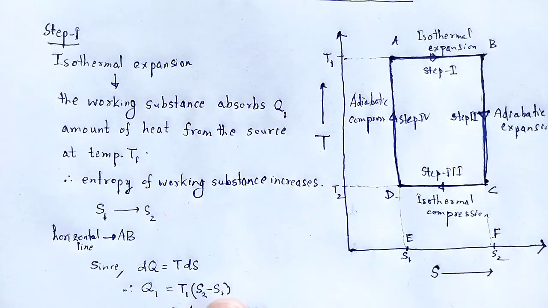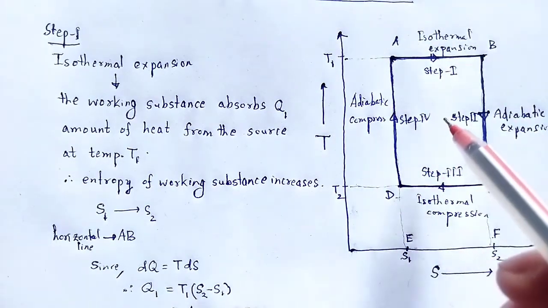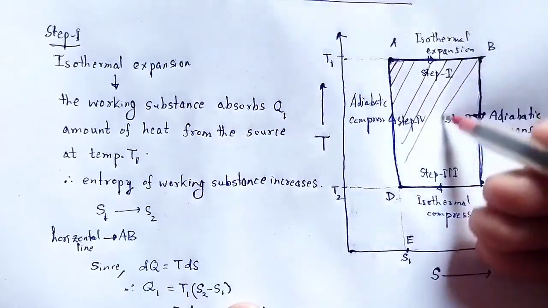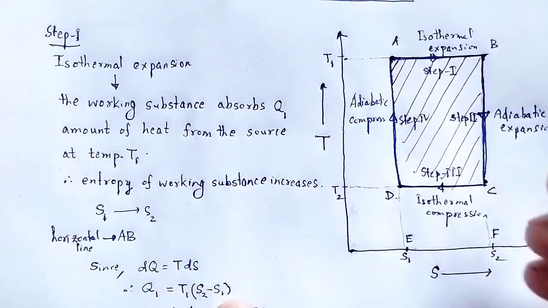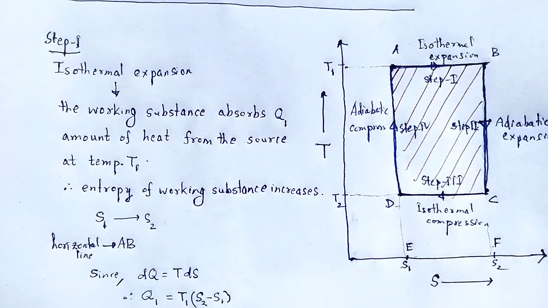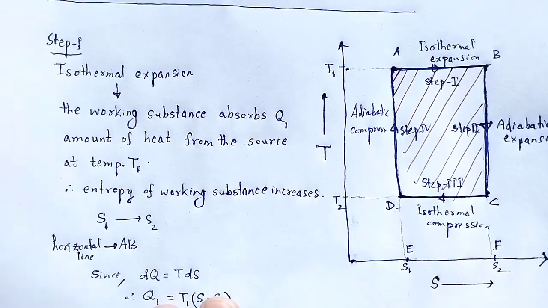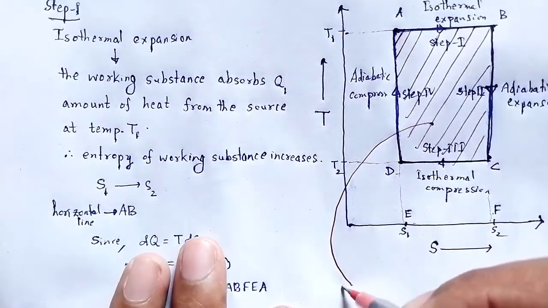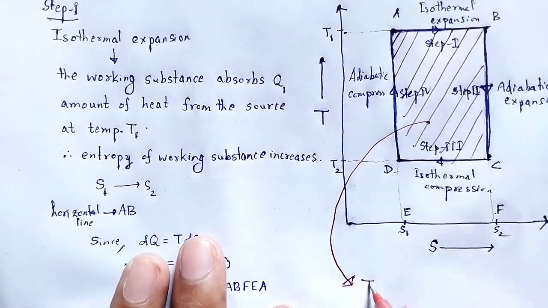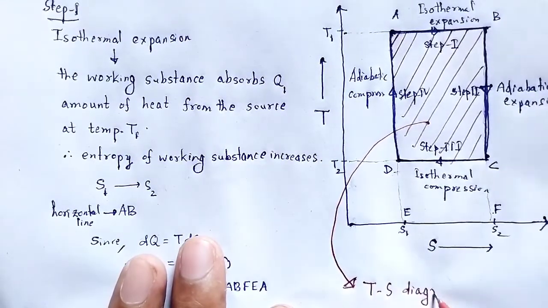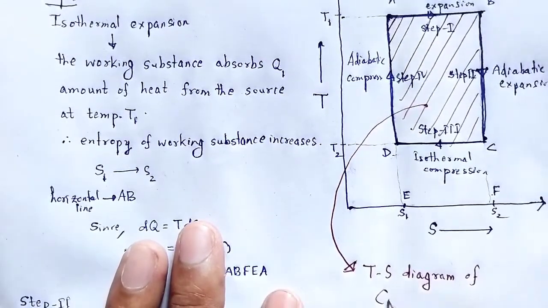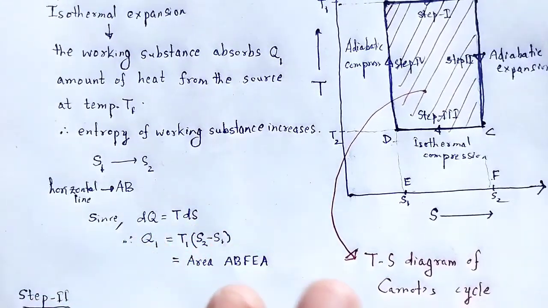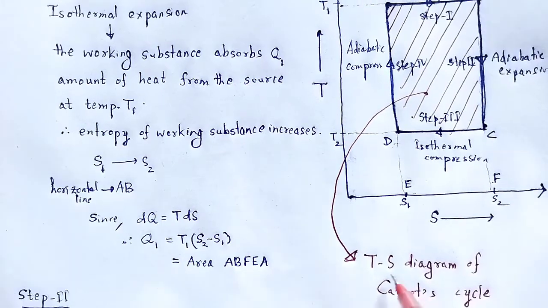The region A, B, C, D represents the TS diagram of Carnot cycle, that is the temperature and entropy diagram of Carnot's cycle.